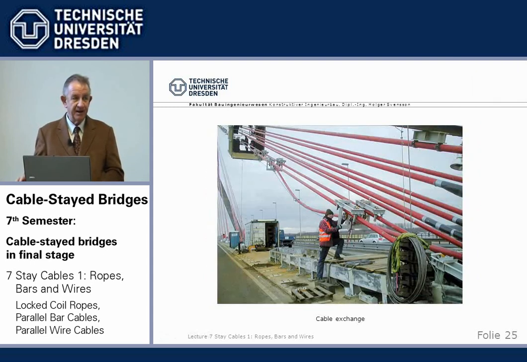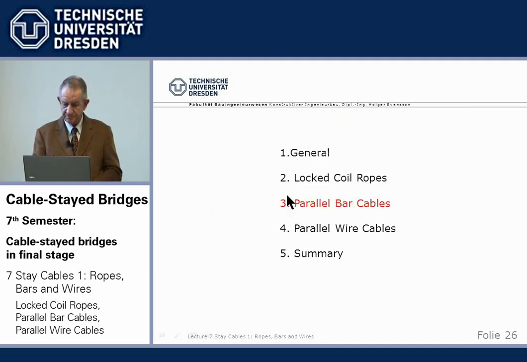And now Flehe is a main artery across the Rhine River at Düsseldorf, so one didn't want to close the bridge for cable exchange. And so the cables were exchanged under traffic, which can be done one after another, but it takes a little preparation and thinking. It's quite unique. So much for the locked coil ropes.